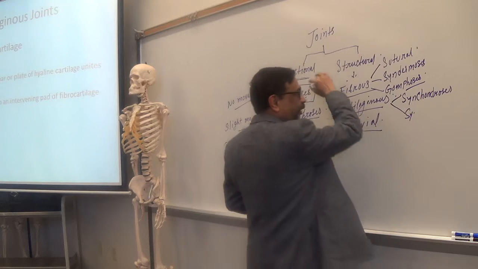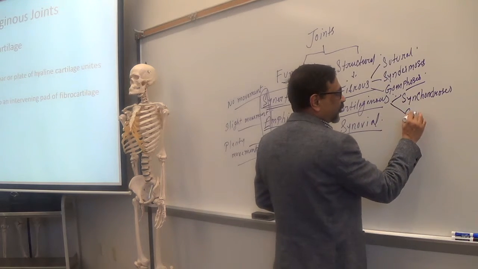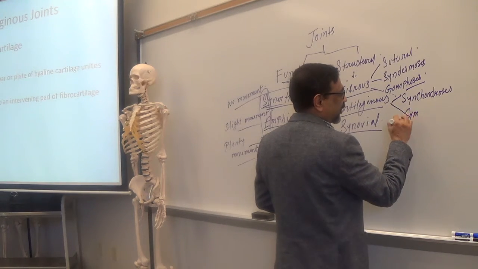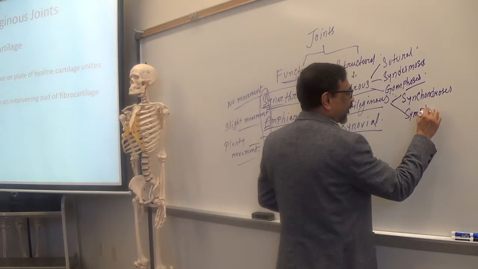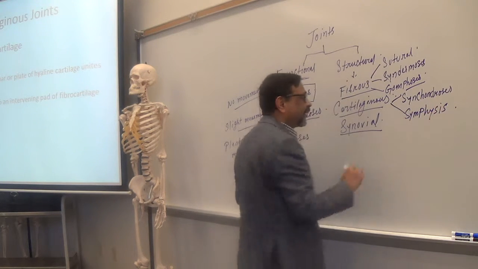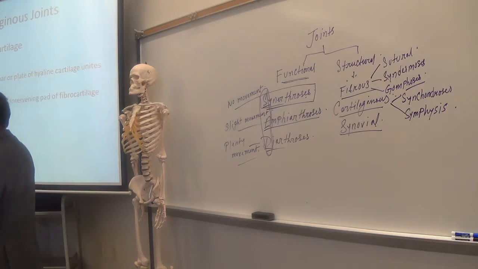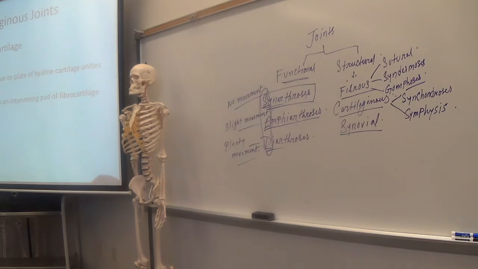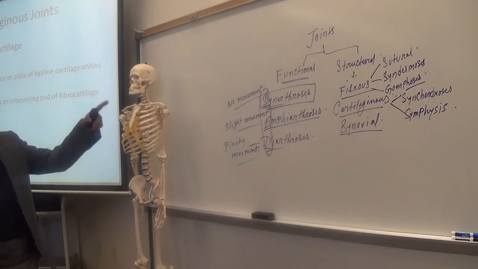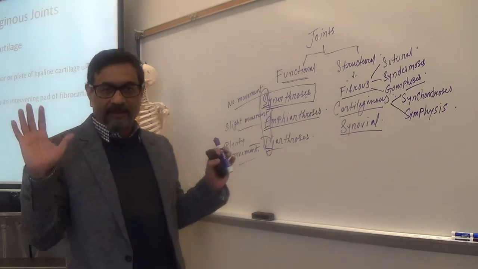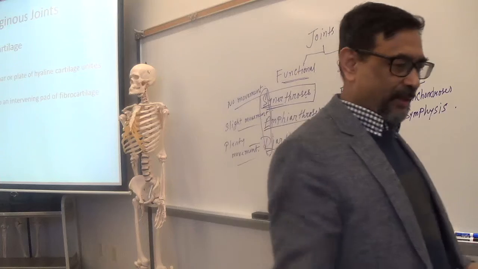So if you remember this classification, things will become easy. So you see, this is the classification of the joints. Okay? So everybody try to keep this classification in your head, then things will get easier.